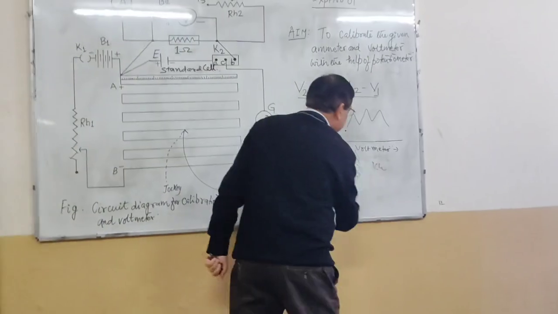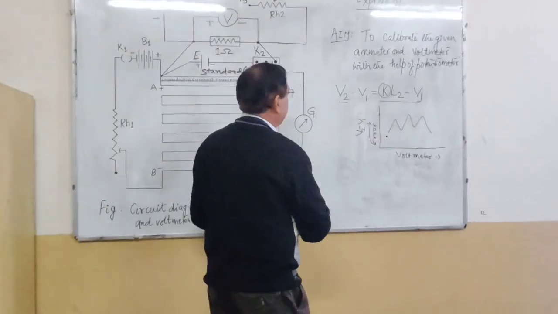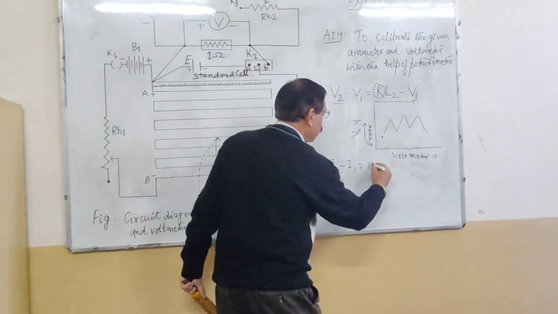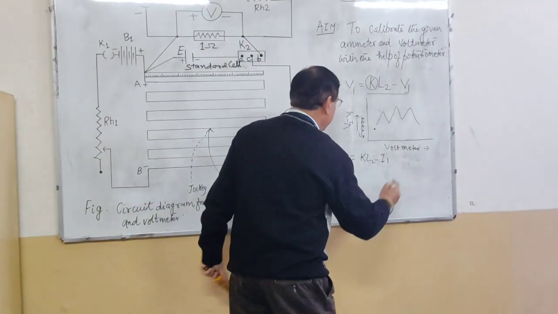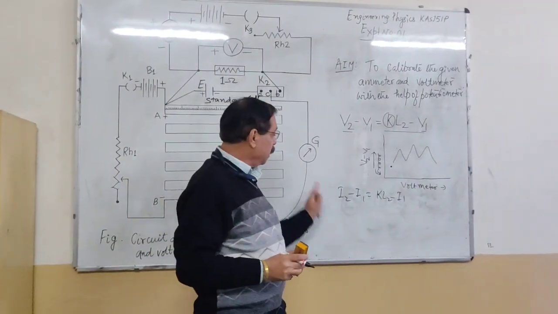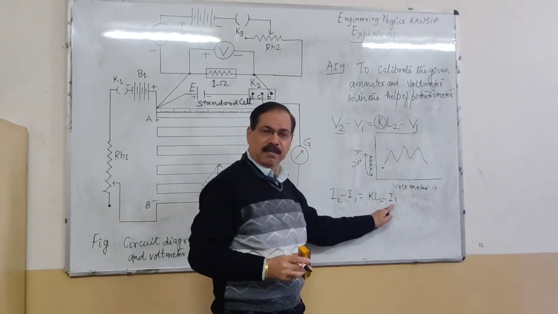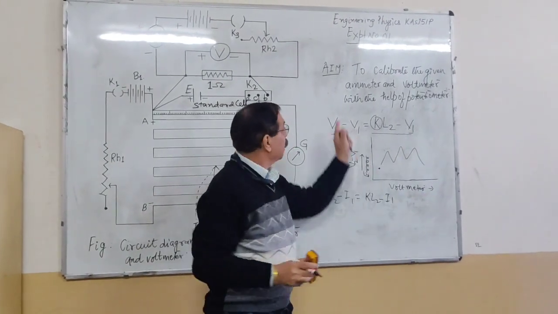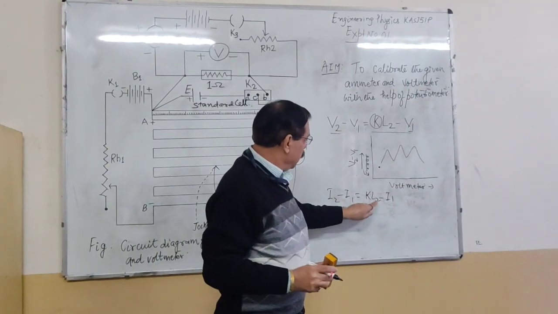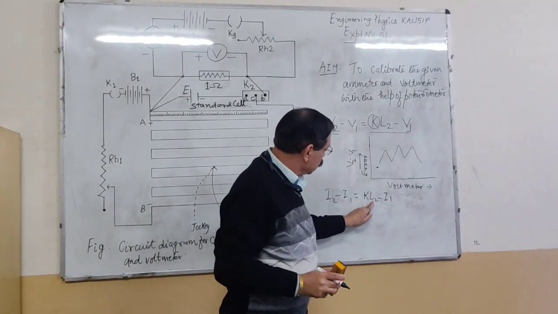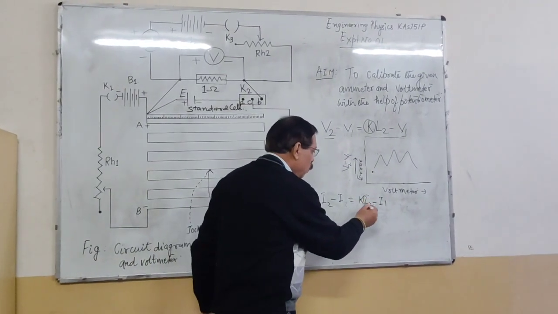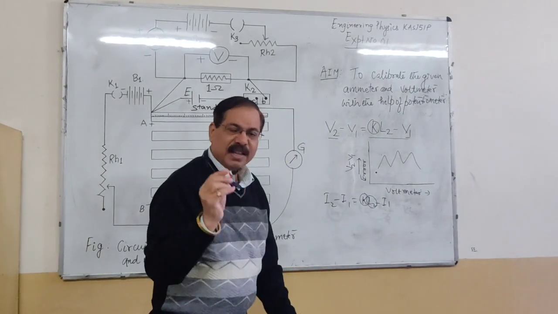So the error in the ammeter readings will be given by I2 minus I1, and it will be equal to KL2 minus I1, where I2 is the current measured by the potentiometer, and I1 is the current measured by this ammeter, and here L2 is the length on the potentiometer wire corresponding to the current I2, and here K is the potential gradient.